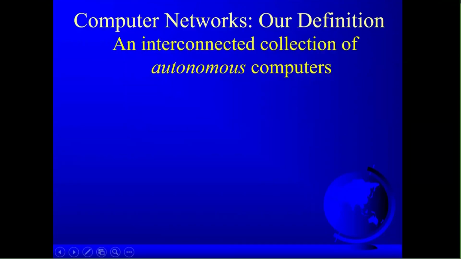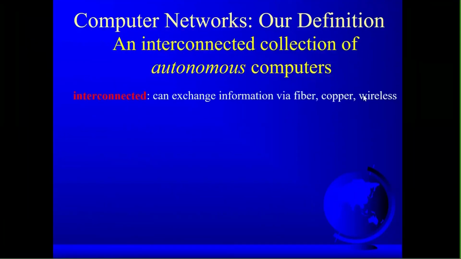I love this. Let me tell you why I love this. For two reasons. There are two major words: interconnected and autonomous. These are the two words I'm going to focus on in the definition. Interconnected means it can exchange information using some kind of communication media.